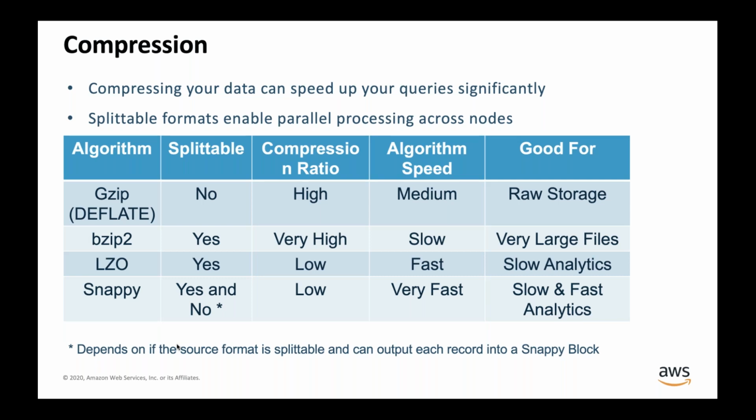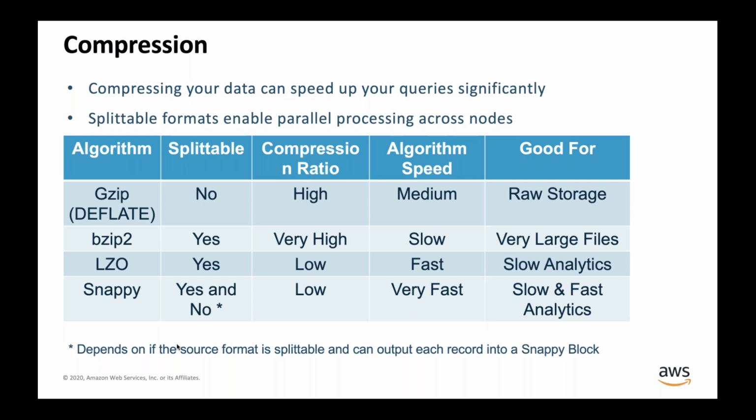The next component is around compression. If you could imagine, things like log files and text data can really accumulate in size and get pretty large. And as these files grow, your query scan time will grow. And really, there's a need for administrators to implement some sort of compression on top of the files that they're keeping in the data lake.